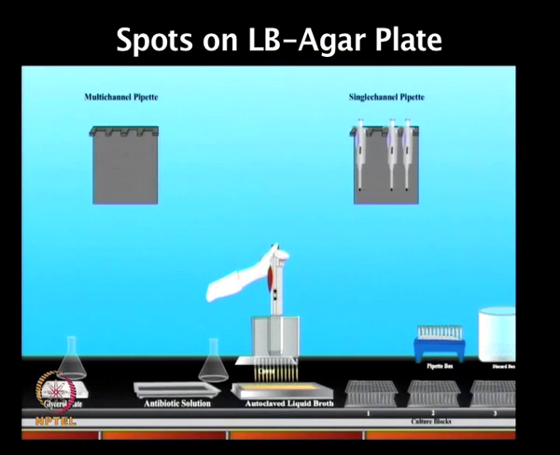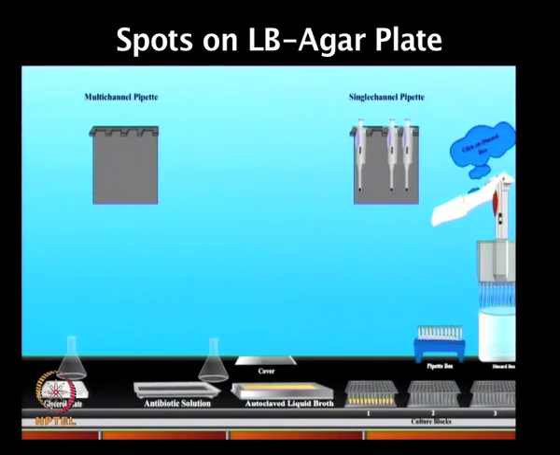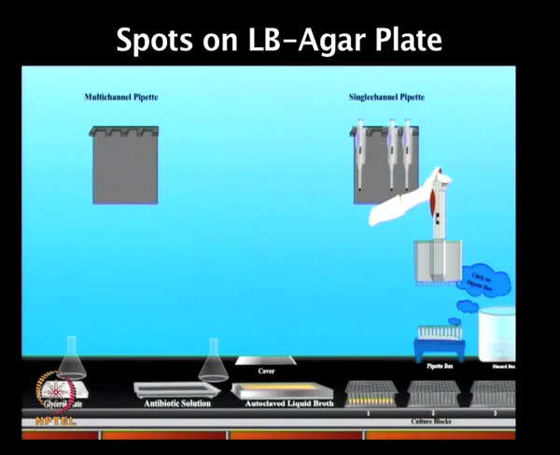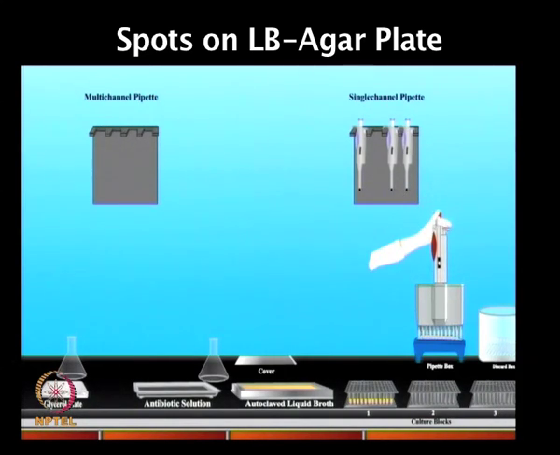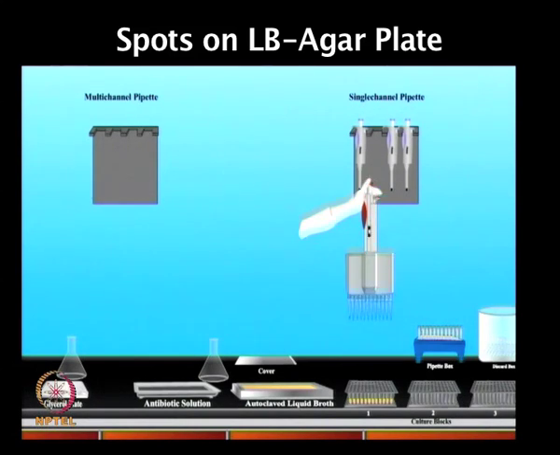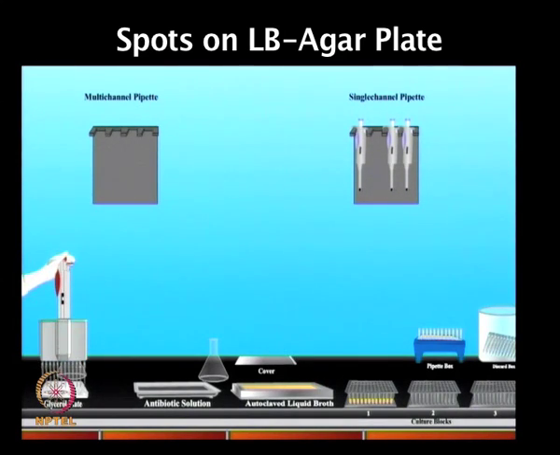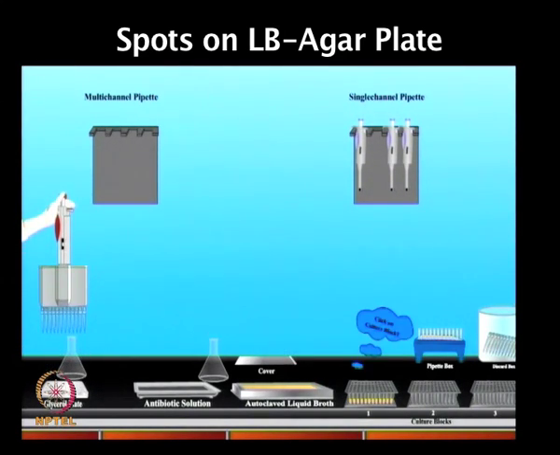First of all, you need to prepare the culture blocks and add the liquid broth in 96 well plate format. You need to ensure that you have added the antibiotic solution in each well. Once culture blocks are ready, inoculate the liquid culture from the bacteria grown on the agar plates.